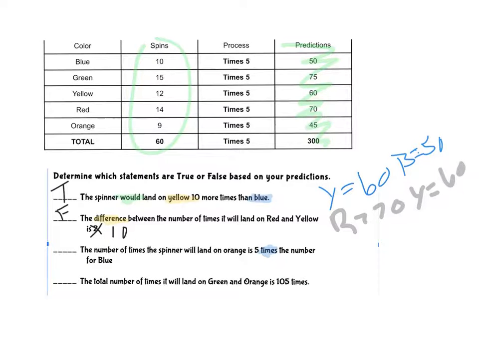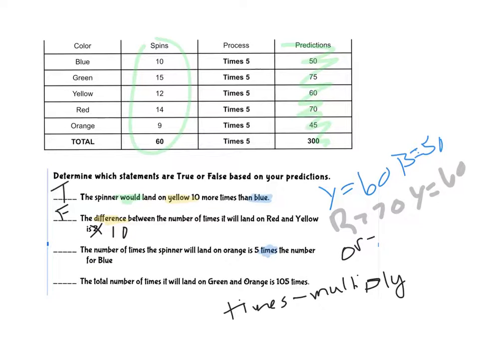The word times is important because it means to multiply. So I want to know, if I take the number on orange and multiply it by 5, will it give me blue? So let's look.